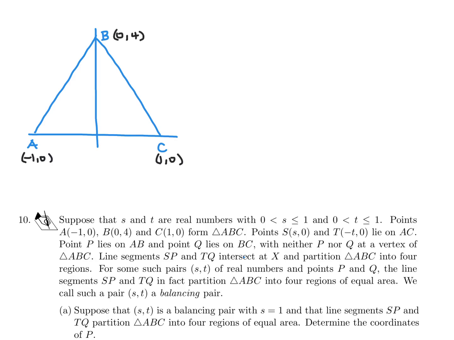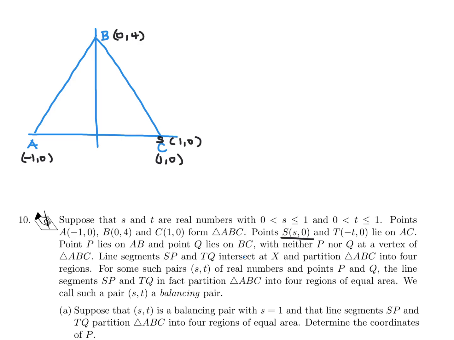So since s is equal to 1, that means S is right here, the same place as C, because S is (s, 0). So that's 1, 0. And then T, they don't tell us where it is.